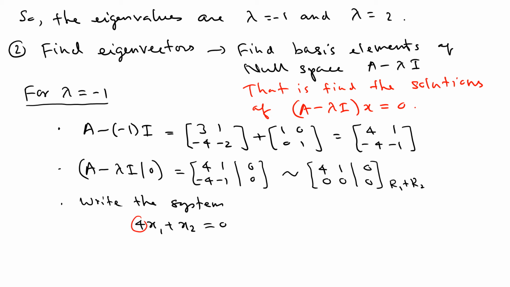So if you pick x1 as a free variable, x2 simply becomes negative 4x1. So it's much easier. One of them is free, so I'm going to say x1 is free.